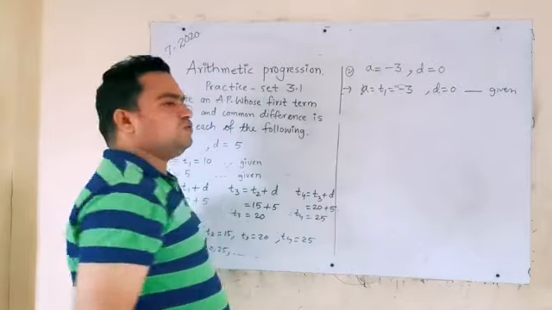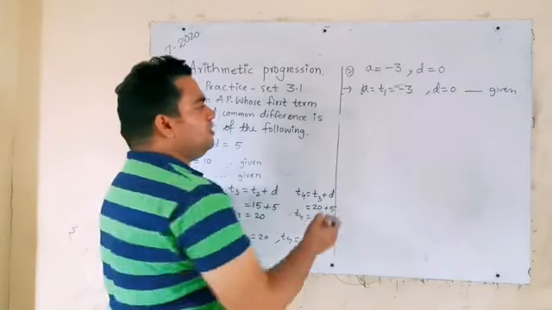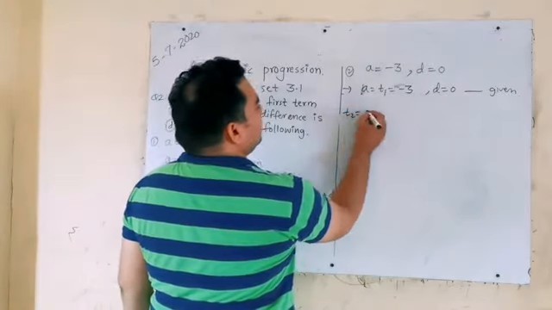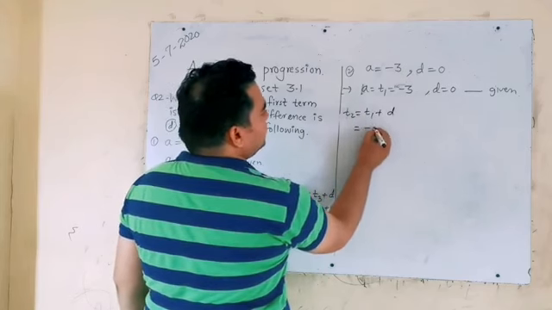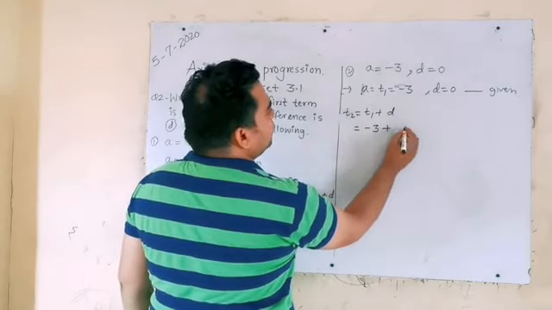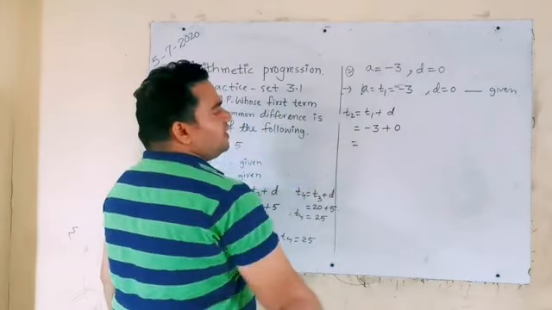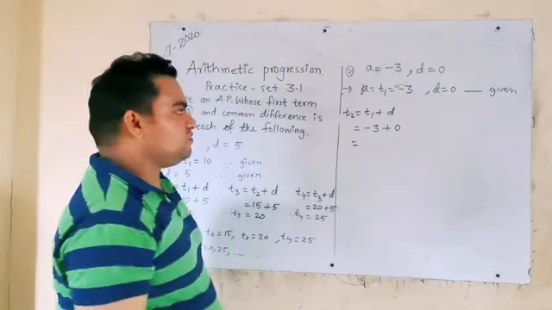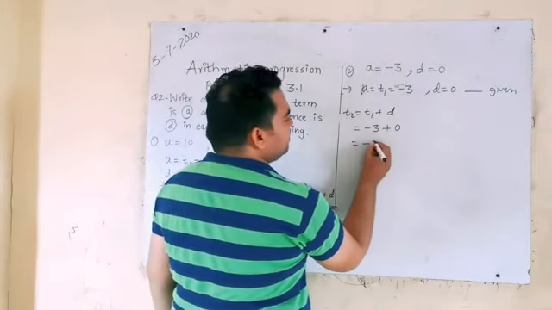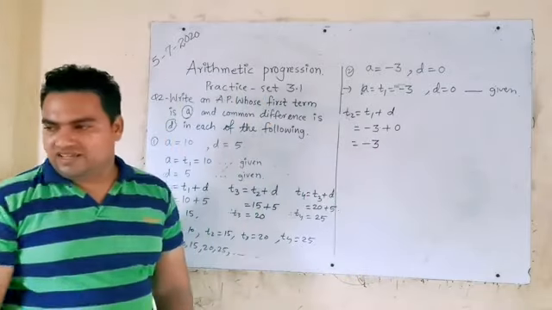I know T1 now. So I have to find T2, T3 and T4. What will be T2? T1 plus d. T1 is minus 3 plus the difference 0. Minus 3 plus 0. 0 cannot be added, 0 cannot be subtracted, so the answer will be the same. So the answer will be minus 3.